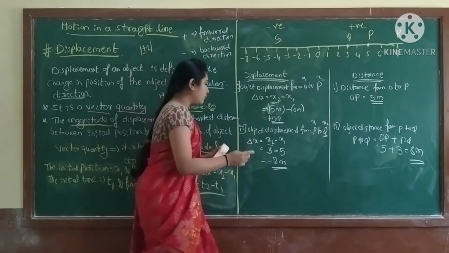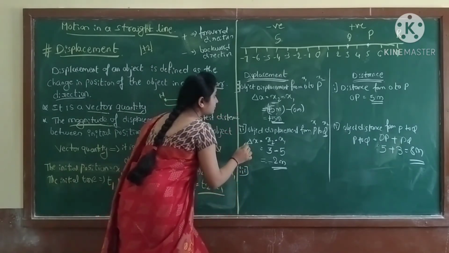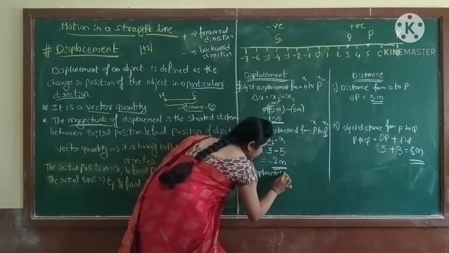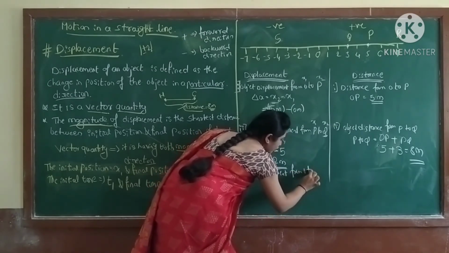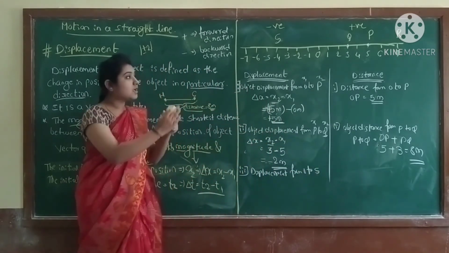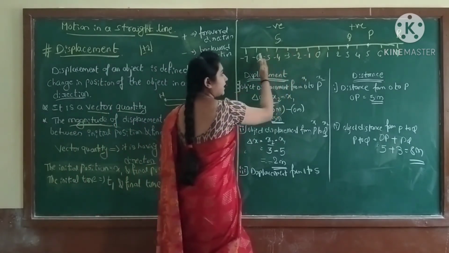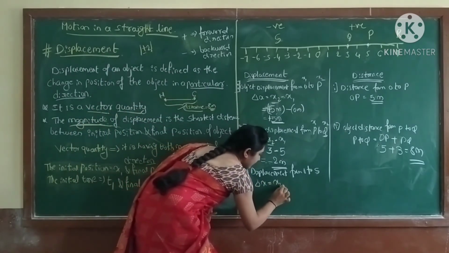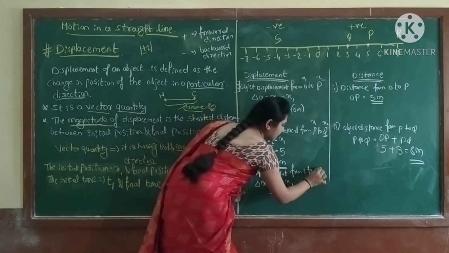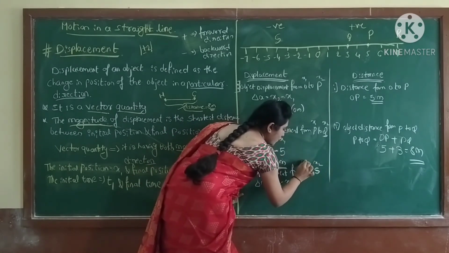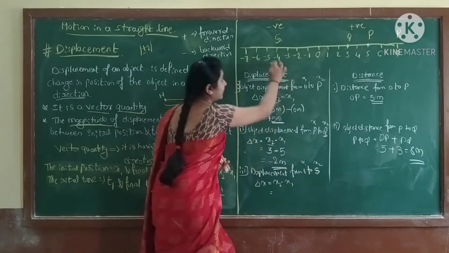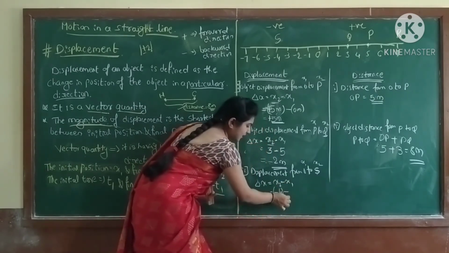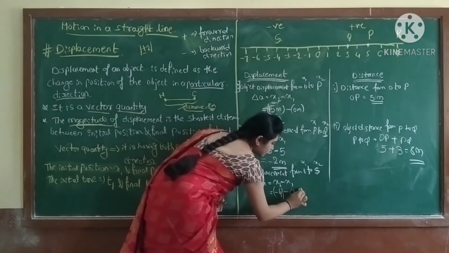Right? So one more, you take 3 from O to S. Displacement from O to S. So what is O to S? You are moving backward. So we are moving to this side. So how much will we get?